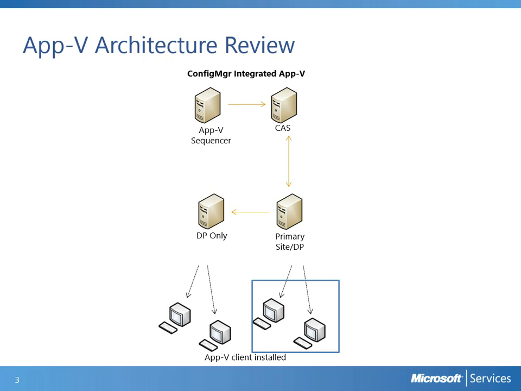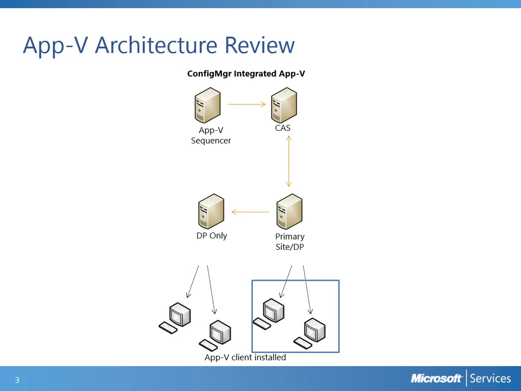All right. So here we have just a quick reminder of the App-V infrastructure. We have the sequencer. That's the part that we talked about in part 13, and how it works, essentially, to build virtualized versions of applications. Then we have the ConfigMgr 2012 pieces. So we have, in this case, a CAS, so we have a hierarchy.